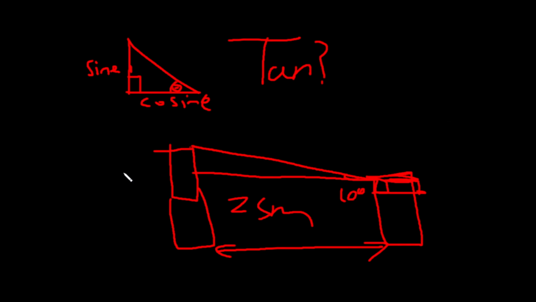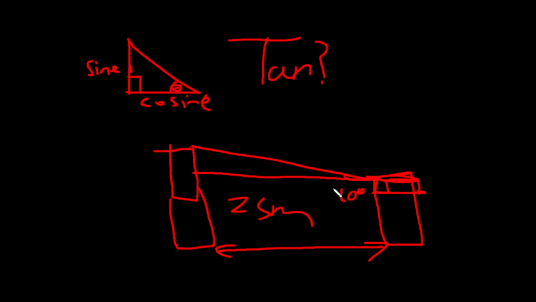Now it's asking, what's the length of the zip line itself? And some may think, well, is it 25 because you travel 25 meters? No. If you laid out this slope as a straight line, it'd be longer, like that. So no, it's not 25 meters.